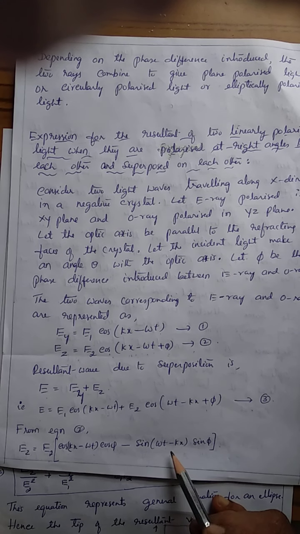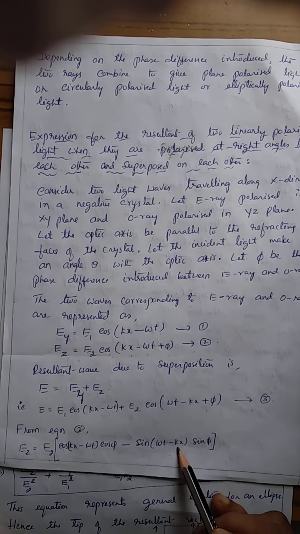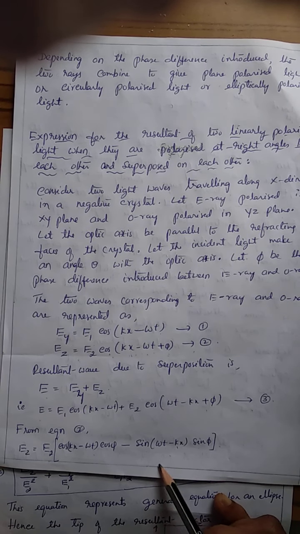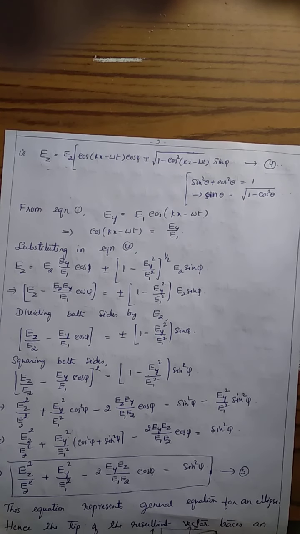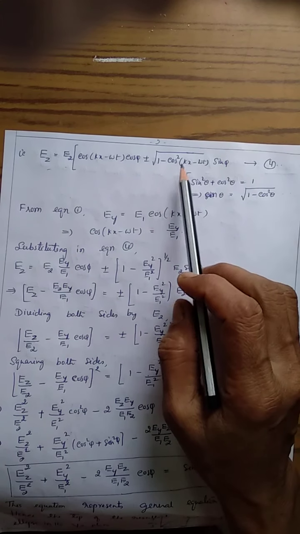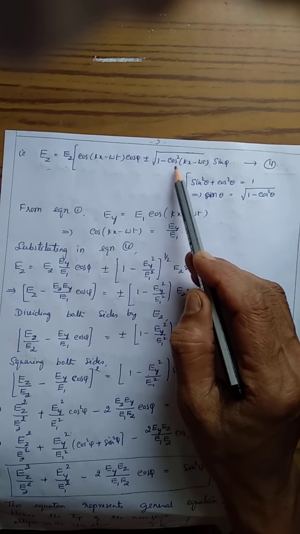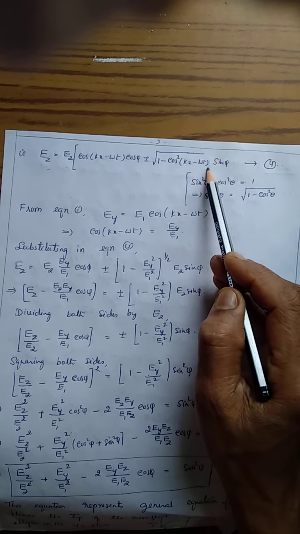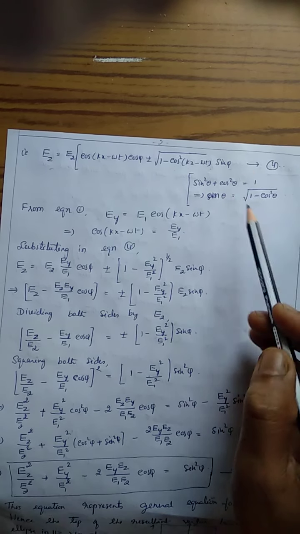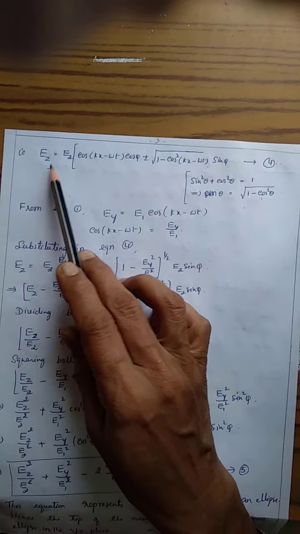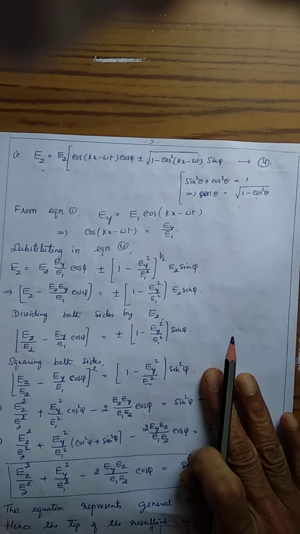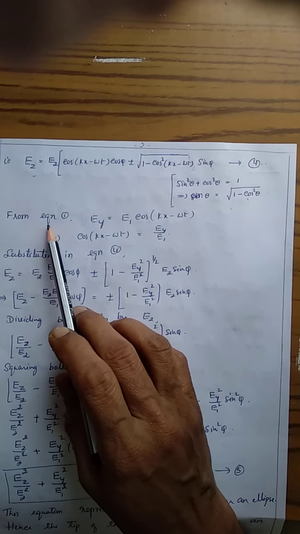We know that sin square theta plus cos square theta is 1, so sin square theta is 1 minus cos square theta, and sin theta can be taken as the square root of 1 minus cos square theta. We apply that, so the term can be written as root of 1 minus cos square (kx minus omega t) into sin phi. Using that we get Ez as this. Now, equation 1.